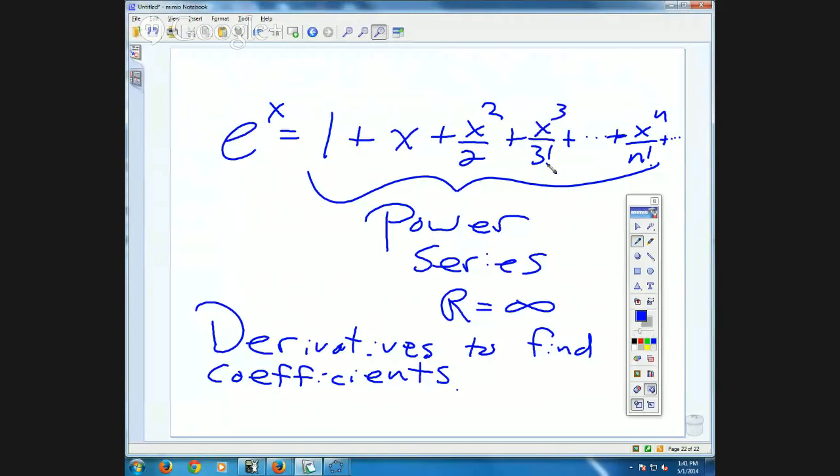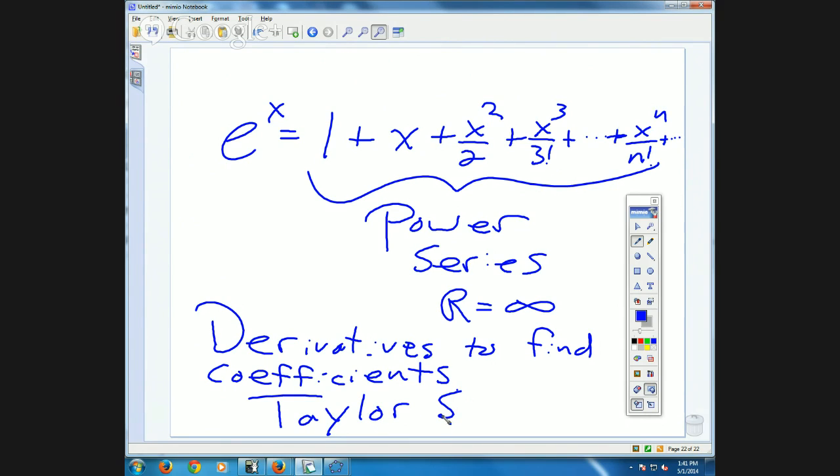The derivatives were used to find the coefficients. That's a special technique. It doesn't just work for e to the x, it works for a lot of functions. And even better than that, when you use derivatives, these power series get a special name. They're called Taylor series or Maclaurin series. I'm going to call it Taylor series for now.